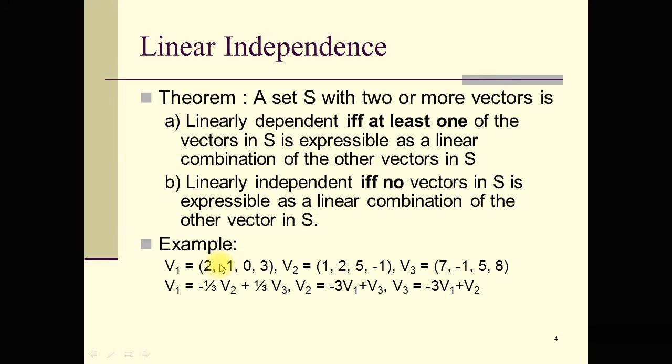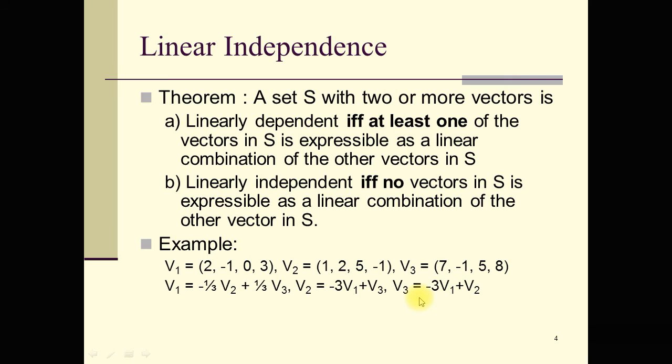For example, we have vectors v1 (2, -1, 0, 3), v2 (1, 2, 5, -1), and v3 (7, -1, 5, 8). In this case v1 is a linear combination of v2 and v3. You see over here v1 is equal to minus 1/3 times v2 plus 1/3 times v3. Similarly, v2 is equal to minus 3v1 plus 1 v3, and v3 is equal to minus 3v1 plus v2.